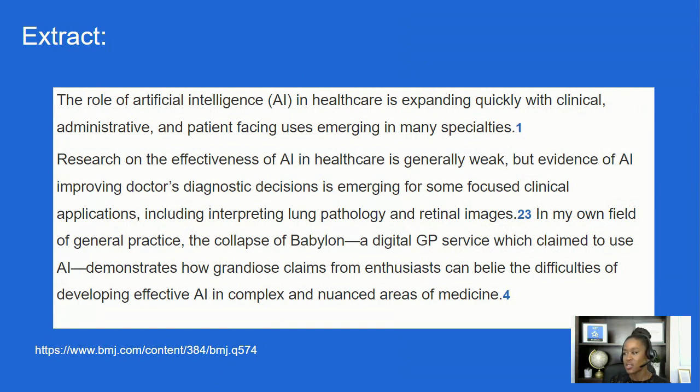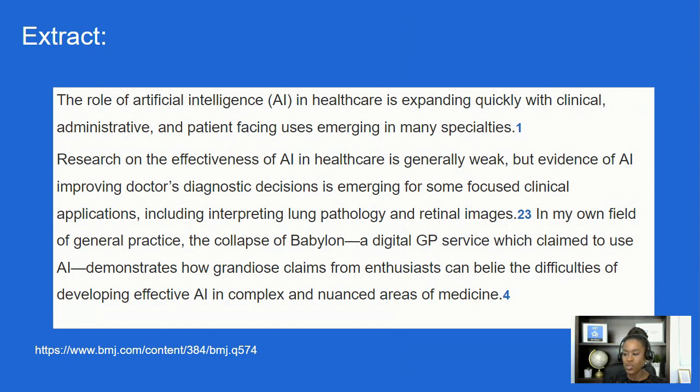The role of artificial intelligence in healthcare is expanding quickly, with clinical, administrative, and patient facing uses emerging in many specialties. Research on the effectiveness of AI in healthcare is generally weak, but evidence of AI improving doctors' diagnostic decisions is emerging for some focused clinical applications, including interpreting lung pathology and retinal images.